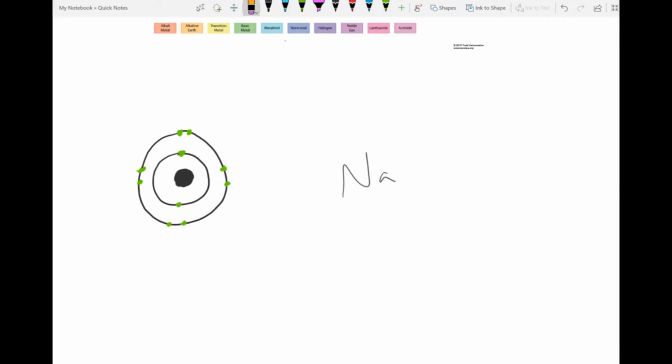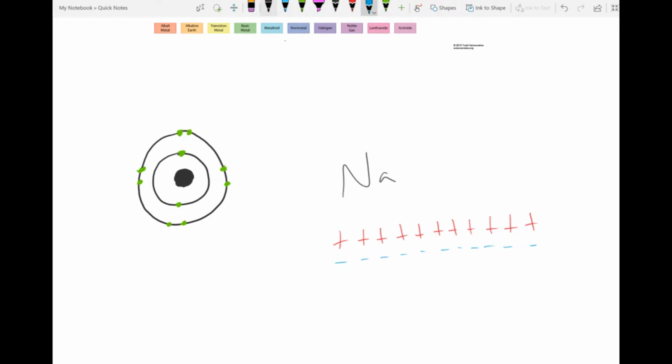sodium itself is going to have, well, we have 1, 2, 3, 4, 5, 6, 7, 8, 9, 10, 11 protons. And then you're going to have that balanced out normally by 1, 2, 3, 4, 5, 6, 7, 8, 9, 10, 11 electrons.